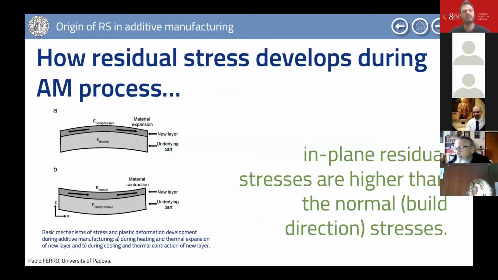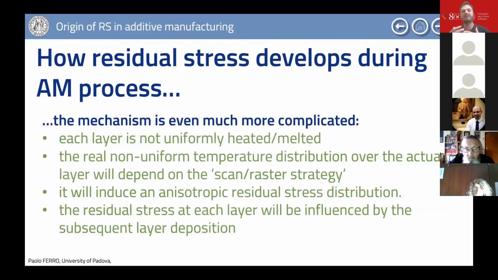But then when you cool down to room temperature, it is subject to tensile stresses because of the constraint induced by the substrate. Of course, this is very simple, but the phenomenon is much more complex in reality, for different reasons. I try to summarize these.